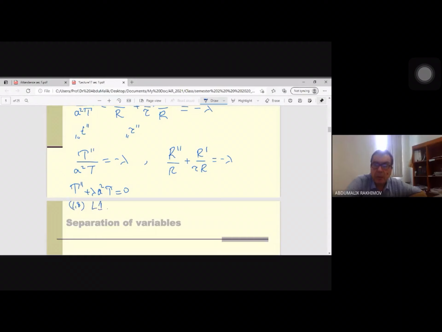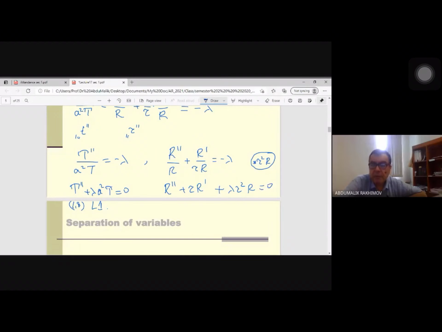What about the other one? Let me multiply this equation by r squared R. If you multiply, this will be r squared R double prime plus r R prime equals minus lambda r squared R. Then you can shift this lambda term to the left side, and this will be plus lambda r squared R equals 0.